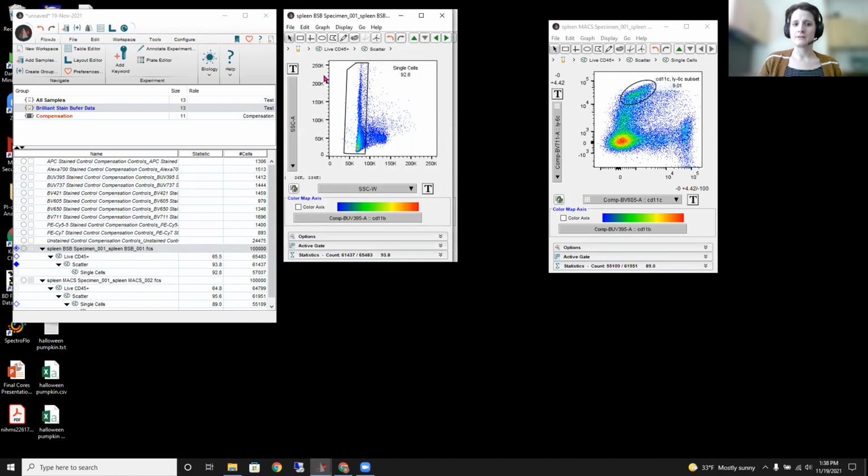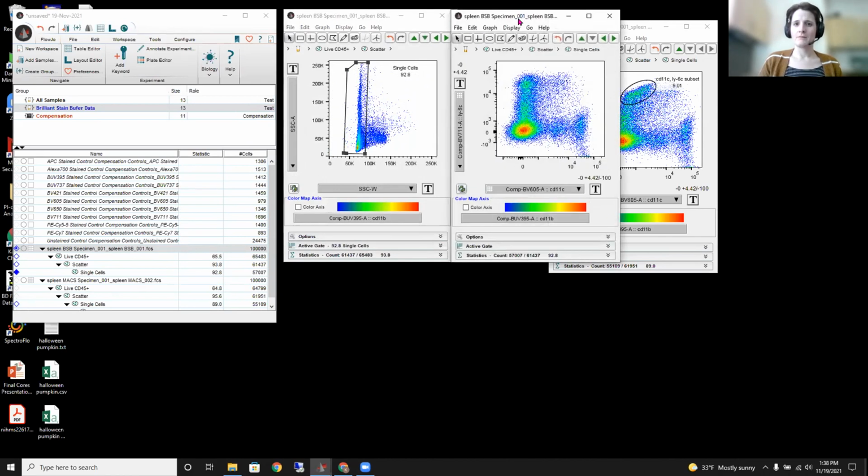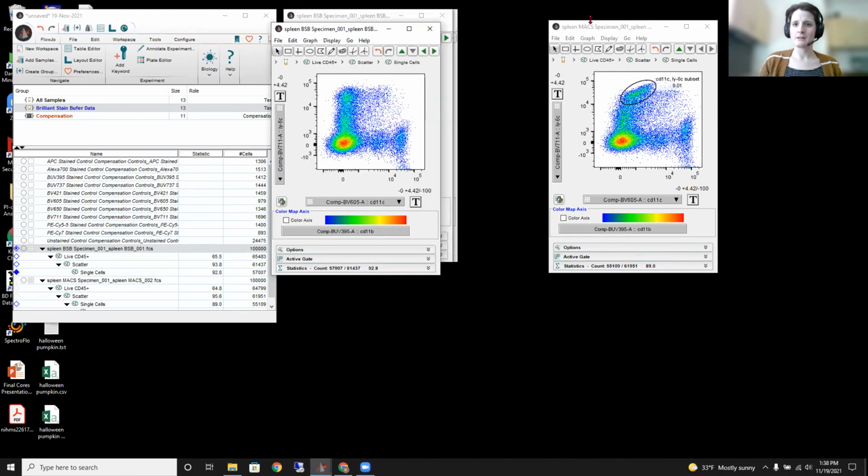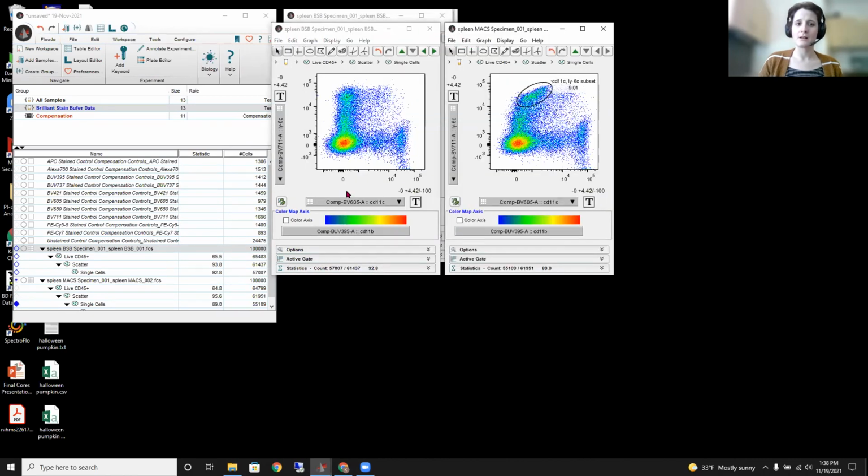And then we look at our single cell population. And if I open that up, it automatically is showing us the CD11C versus Ly6C. Now, what do we see? With the Brilliant stain buffer that takes into account how those polymer dyes can interact with each other, we no longer see that swooping of the population, and we don't see the false positive of that CD11C BV605.